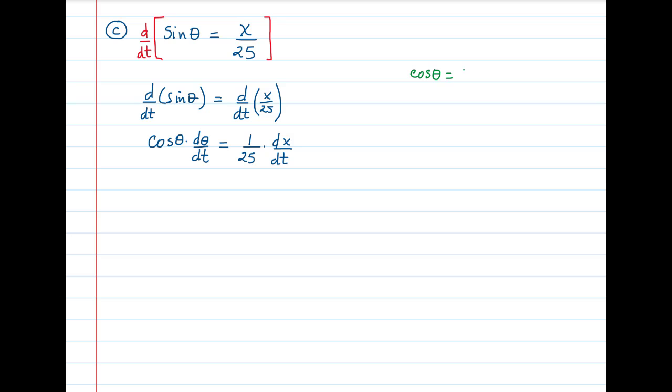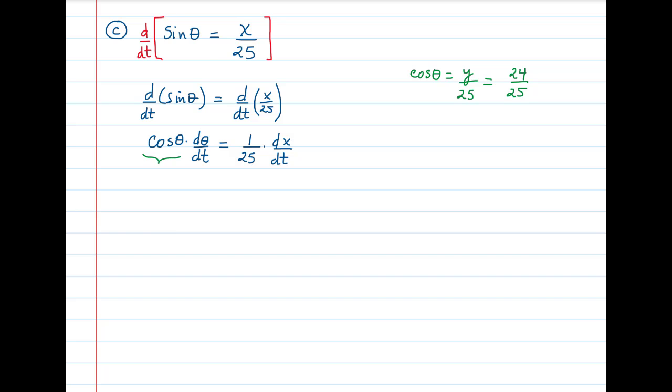All right, so the only thing we still need to figure out is what cosine of theta is, because we know dx/dt, that's given by the problem, and d theta/dt is what we're trying to find. Cosine of theta is not given, but we can figure it out by looking at our right triangle.